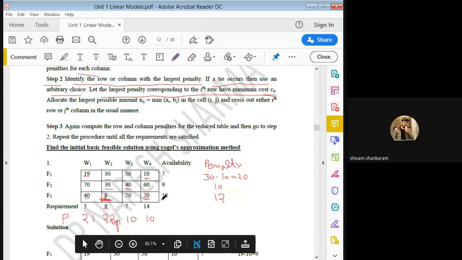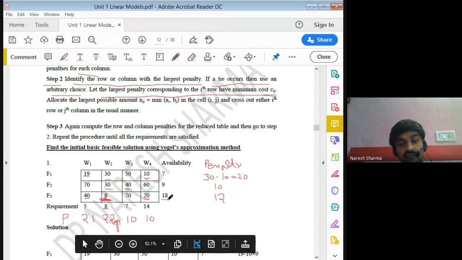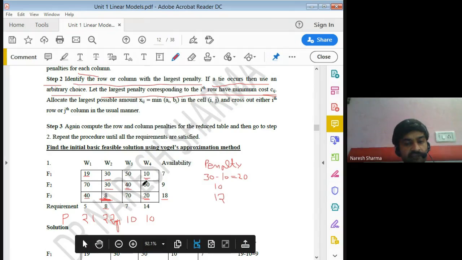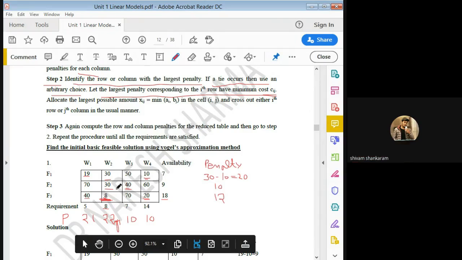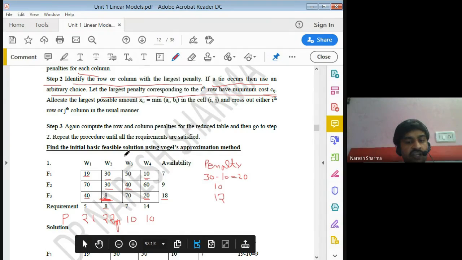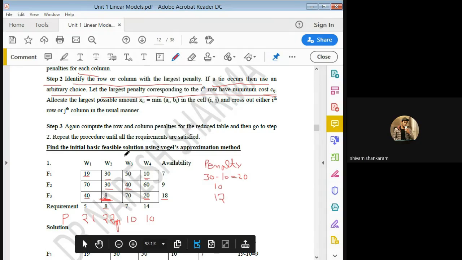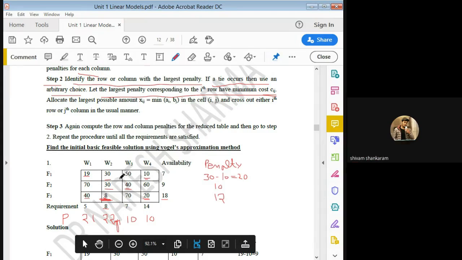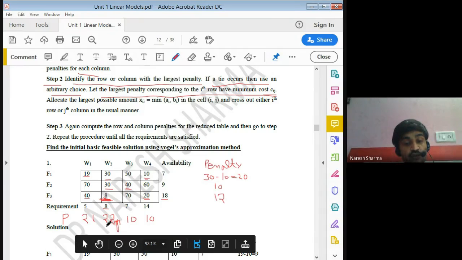Sir, I have a doubt. Once we choose 22, do we choose the minimum cost, 8? First of all we choose the maximum penalty, which is 22.